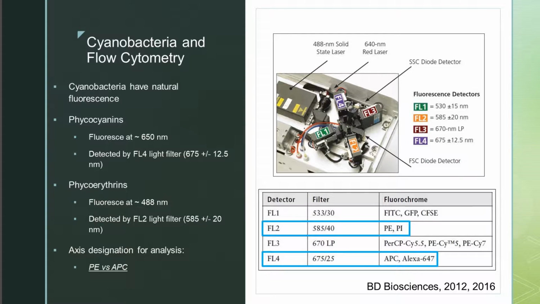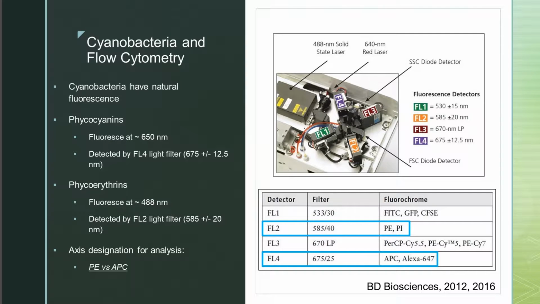So phycocyanins fluoresce at around 650 nanometers. So this list down here shows you all of the different light filters. And up here, there are 4 light filters on the inside of the flow cytometer. And those light filters essentially are picking up the fluorescent signals that are bouncing off of the cells as they go through the red and blue lasers.